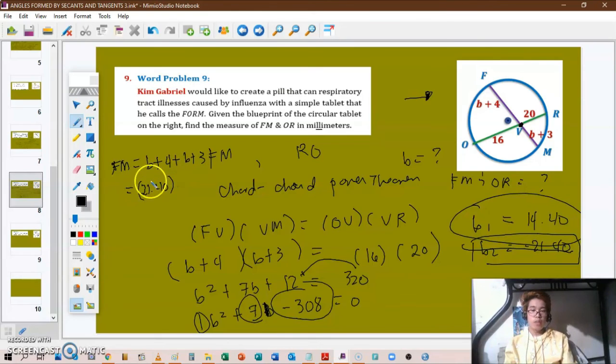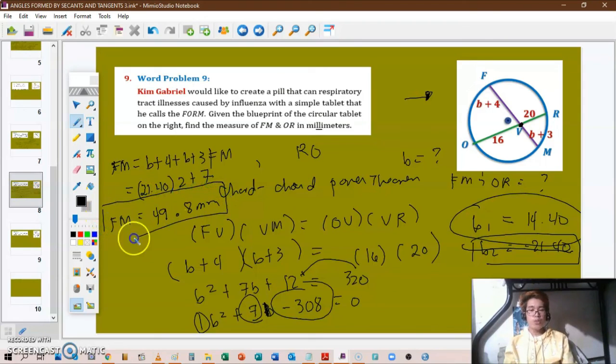So let's just multiply that by 2 plus 7. 21.40 times 2, so that's 42.8, plus 7. So therefore the value of FM is equal to 49.8 millimeters. So there you go.